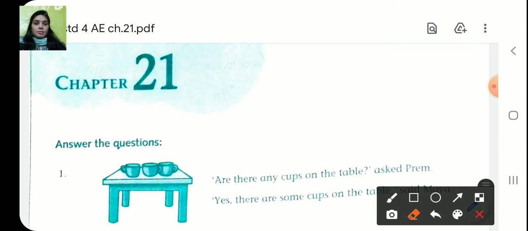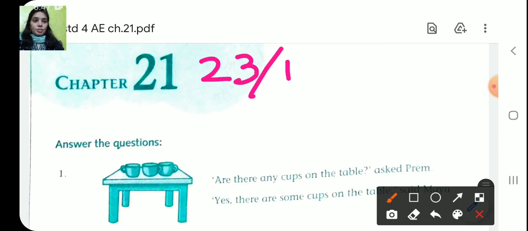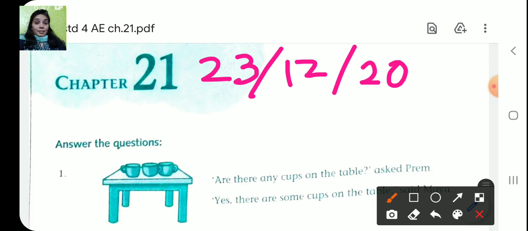It is 23-12-2020. So write the date. Don't write like my handwriting. You write in beautiful, small handwriting. Don't write big. I'm writing with my finger, so it is showing you big handwriting. So you write in a good handwriting.